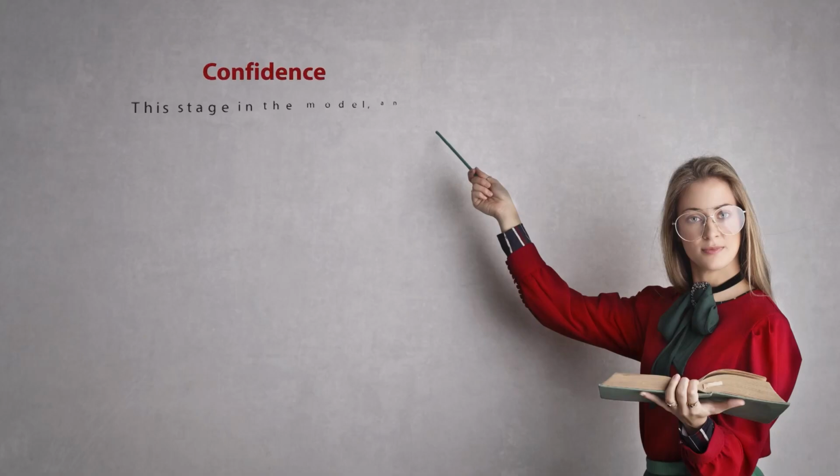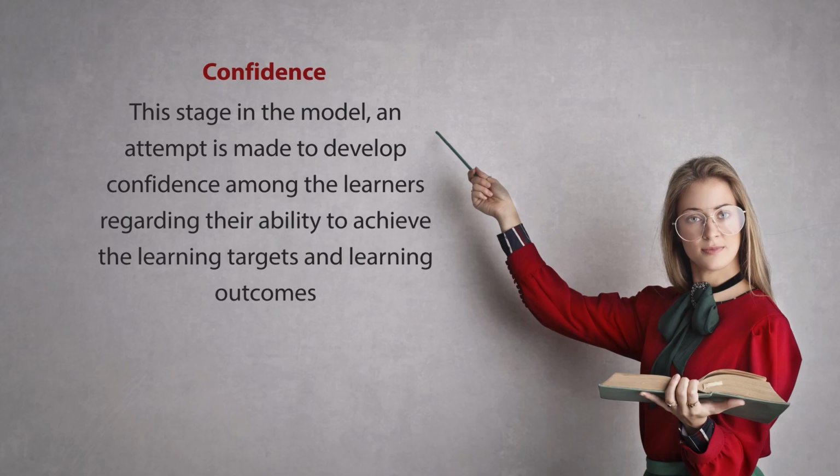The third is confidence. In this stage of the model, an attempt is made to develop confidence among the learners regarding their ability to achieve the learning targets. See how different this model is. None of the other models have this confidence part, and that's what the ARCS model is based on, the motivation of the students.